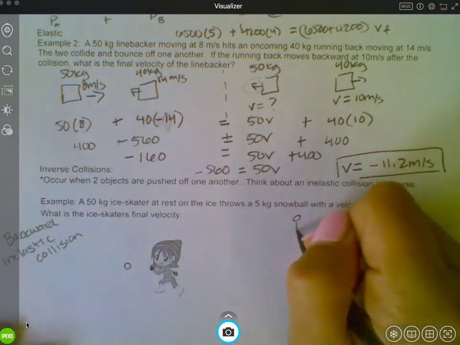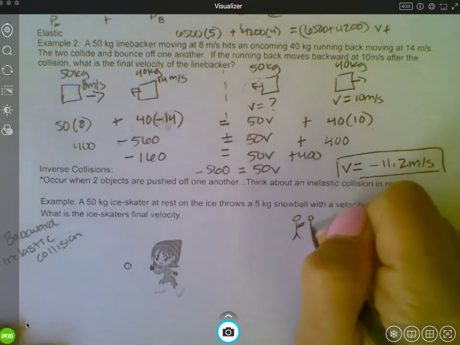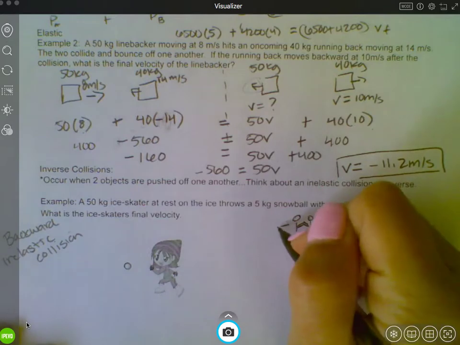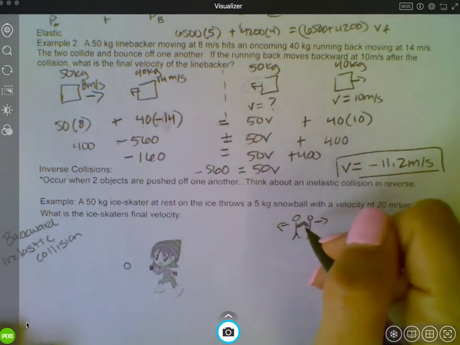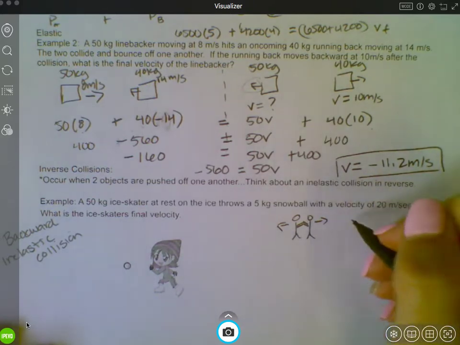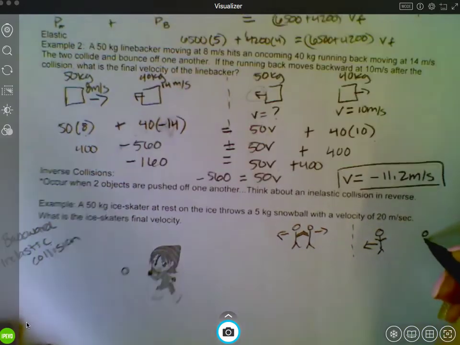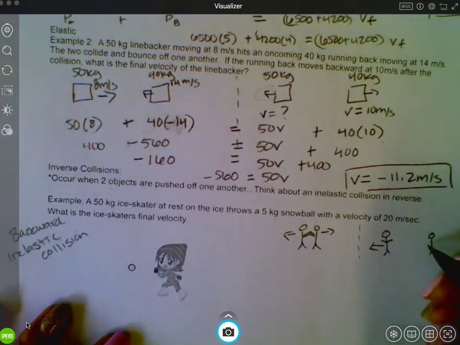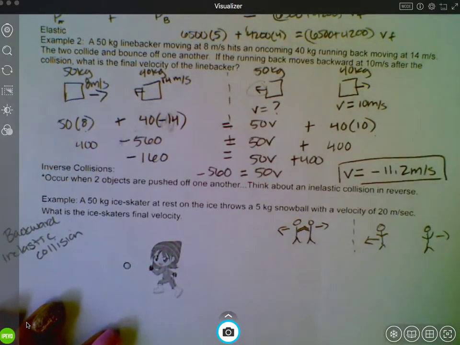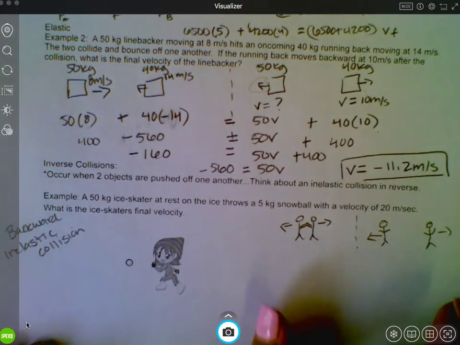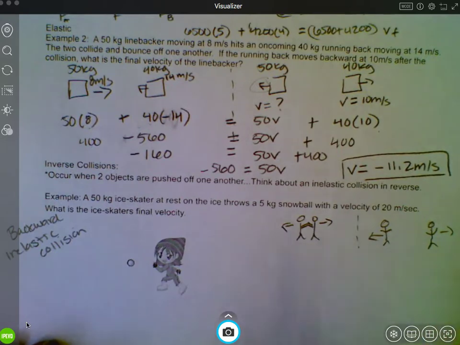They start with their hands joined and then they push off one another, right? So they start connected as one body, and then they push off, and so the after picture looks like this. This guy's going backward, and this guy's going this way. So it's a backwards inelastic. The same principles apply. You follow the same steps, okay?